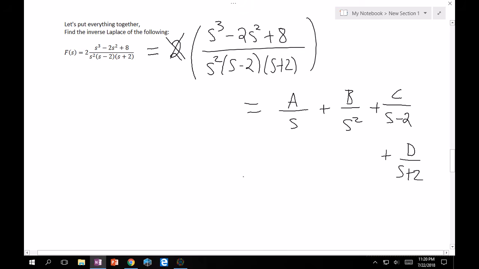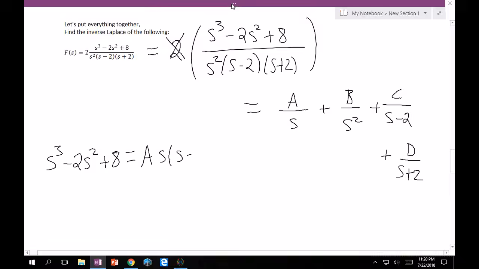No, I will multiply by 2, I promise. Okay? Cool. So as you multiply this out, you will get something that looks like s cubed - 2s squared + 8 is equal to, okay, A, because we multiply by what's on the bottom, it's going to yield s times (s - 2).